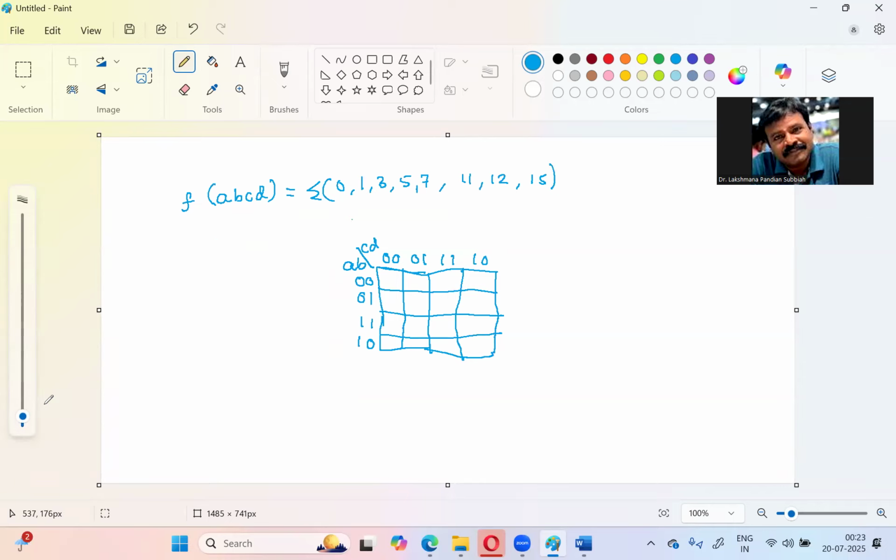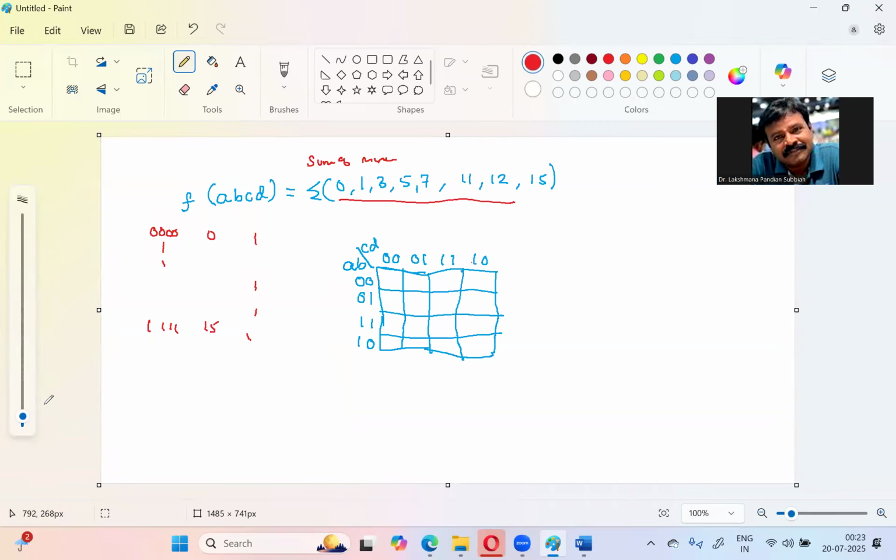Now you have to consider the sequence of numbers from 4 zeros combination to 4 ones, so 0 to 15. This is the sum of min terms. This is the number, and for that number the corresponding output is 1.